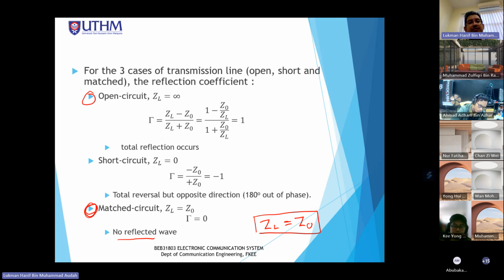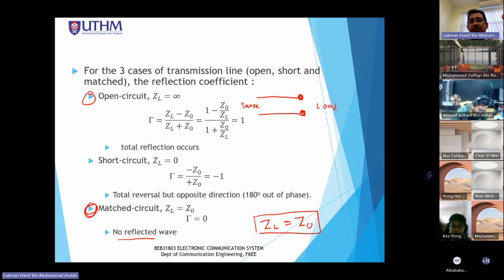Then we go to the second extreme case, which is the open circuit. What does open circuit mean? In Malay we call it litar buka. Imagine that this is the source side, and this is the load.